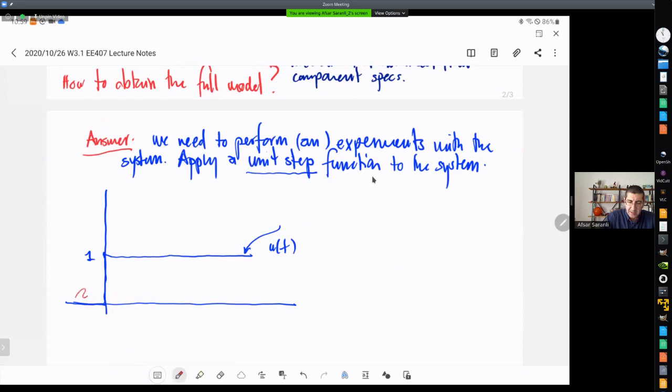It's going to be essentially a function like this, okay, so that's going to settle into a different final value. Let's say this value is 2. And we look at this and we make some measurements.